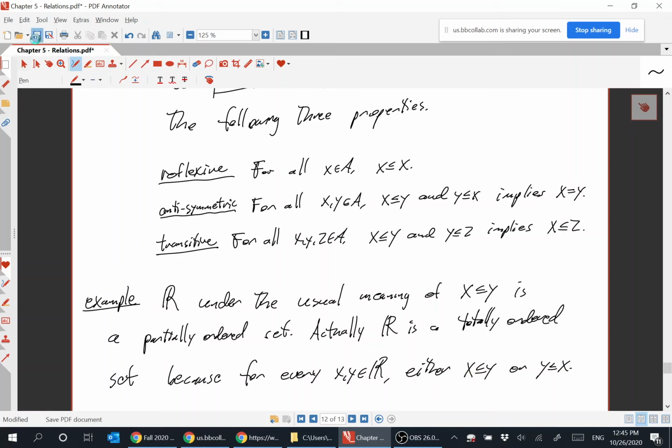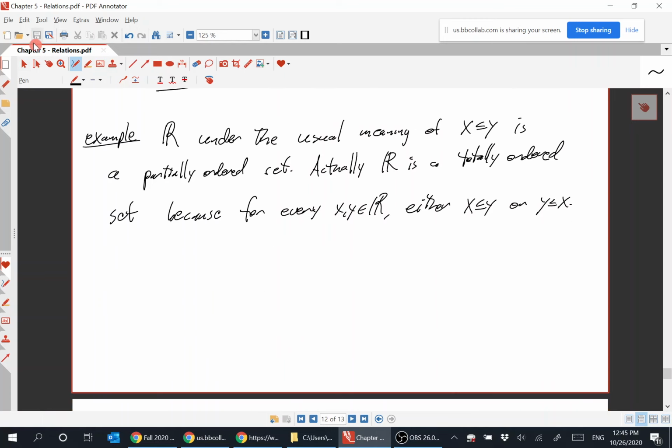So it's not the best example of a partially ordered set, because it's a totally ordered set. What would be a partially ordered set that you've seen already?